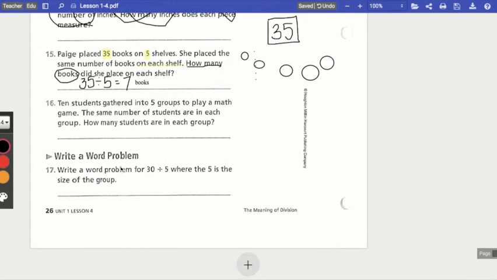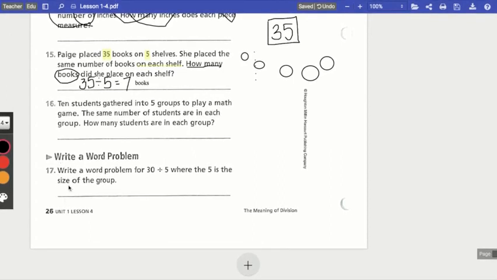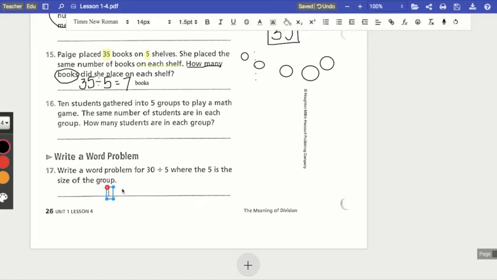This last one, this is going to be a problem for you on Google Classroom. Write a word problem for 30 divided by 5, where 5 is the size of the group. So here's my example, okay? This is how I would write it. Obviously, you're going to do something that's more applicable to you. But I could say, Mrs. Scholes has 30 K-pods.